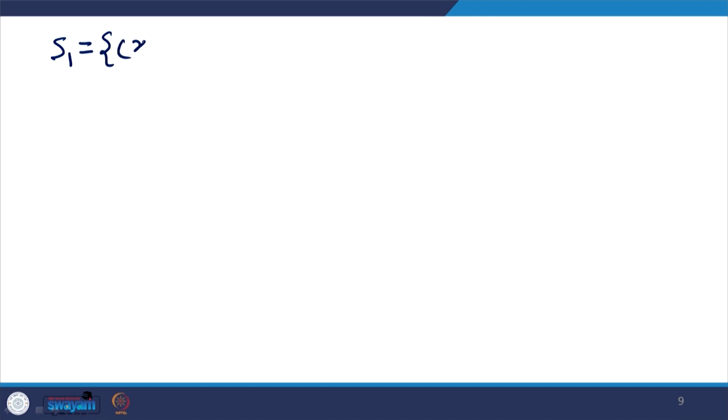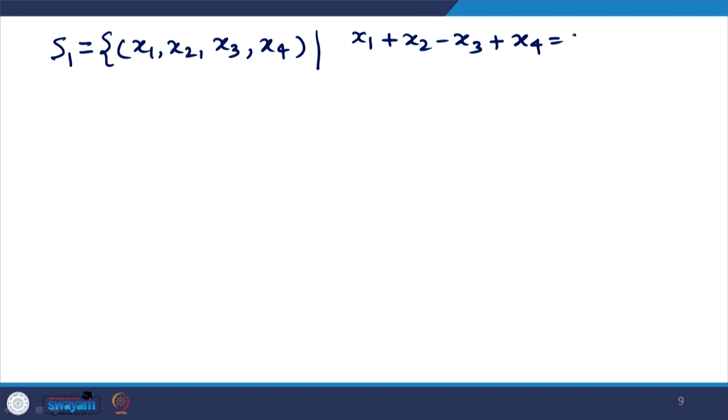So, S1 is given as (x1, x2, x3, x4) belongs to R4 such that the first condition is x1 plus x2 minus x3 plus x4 equals 0. The second condition is x1 plus x2 plus x3 plus x4 equals 0.